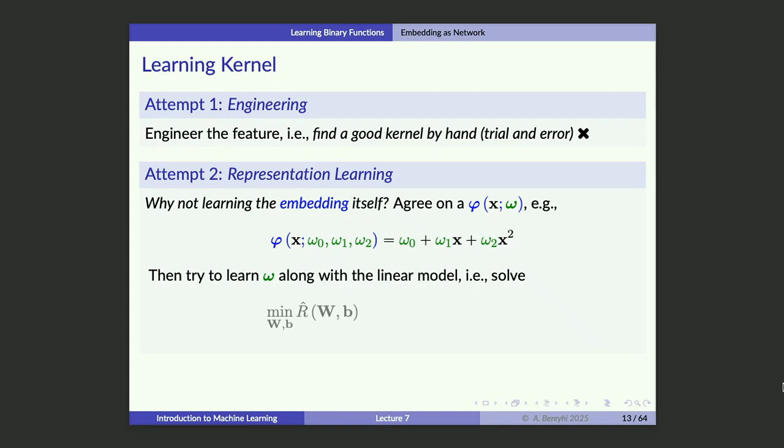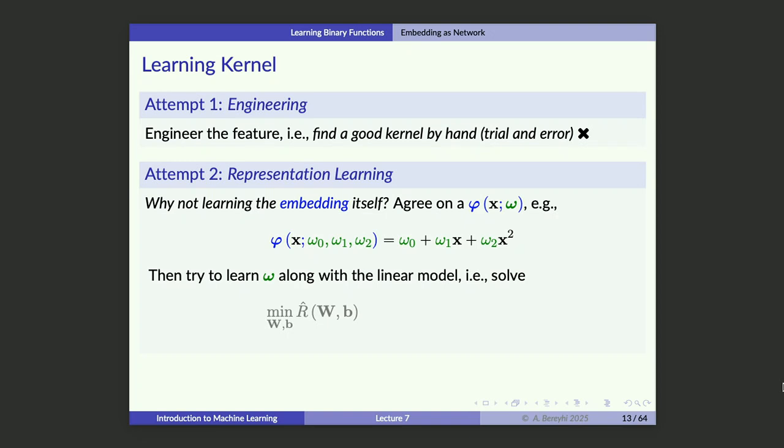So in the simple problem of linear classification or linear models, we always compute the empirical risk R hat, and that empirical risk depends on the weights and biases, right? Because these are the only things that we can design in the linear model, correct?